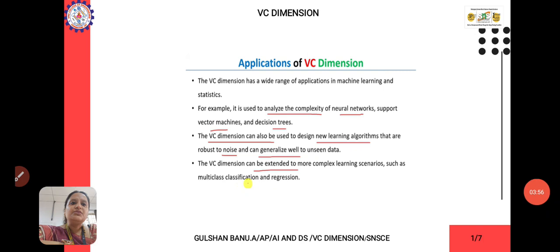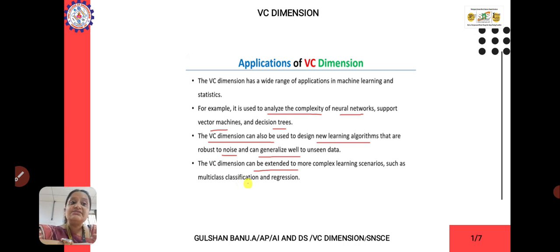You have different applications associated with this VC dimension. For example, it is used to analyze the complexity of different kinds of neural networks, such as support vector machines and decision trees.